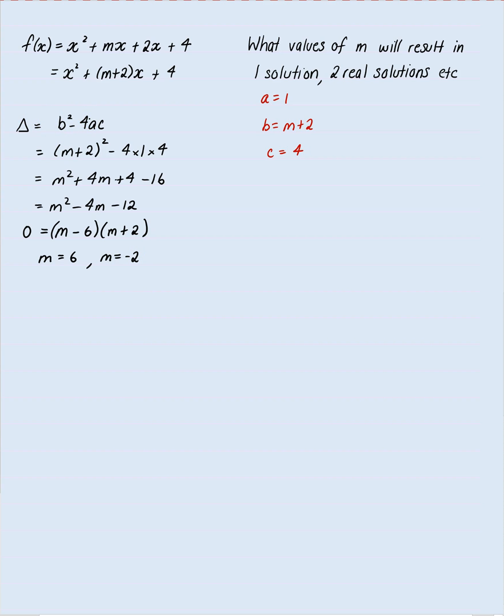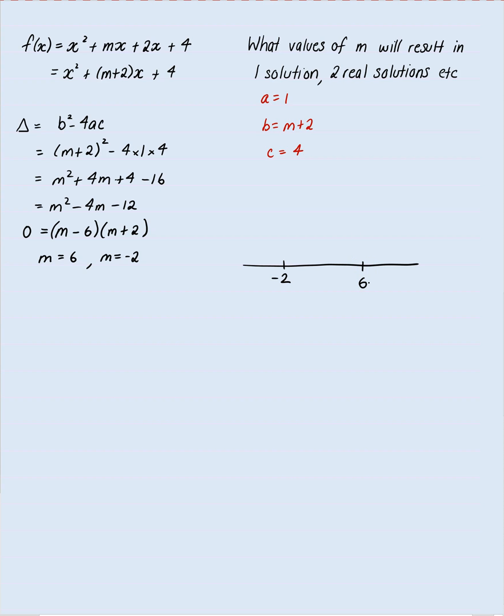But how do we know when it's going to be greater than 0 for it to have two solutions? We can't just say it's greater than minus 2 and greater than 6. That doesn't make sense if we looked at that on a number line. We can't do that. So we do a sign diagram, which is just a number line. We go minus 2 and 6.